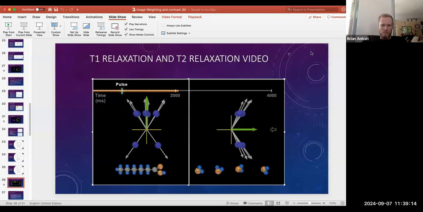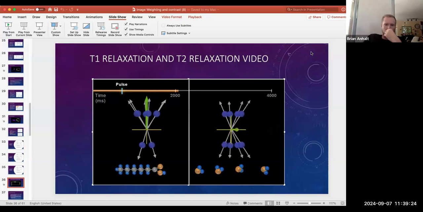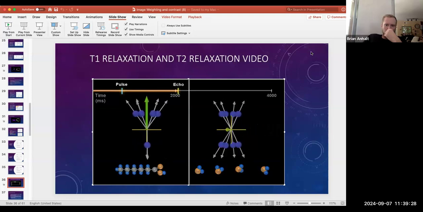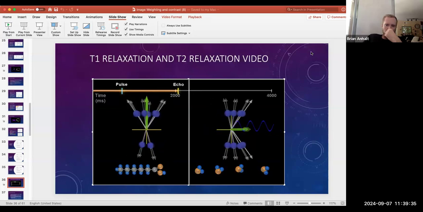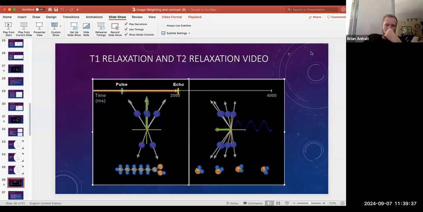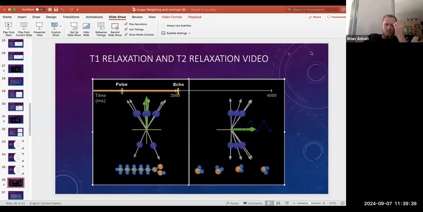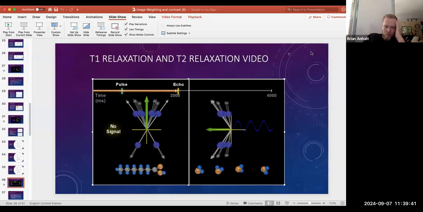On the other hand, the protons in the freely flowing water can hold on to their energy and continue to spin together in phase, thus maintaining the transverse magnetization. At this point, when we turn on our receiving coil and measure the signal coming back from the protons, the relatively large transverse magnetization in water will give a strong signal, while the smaller or absent transverse magnetization in fat will give a weak signal.